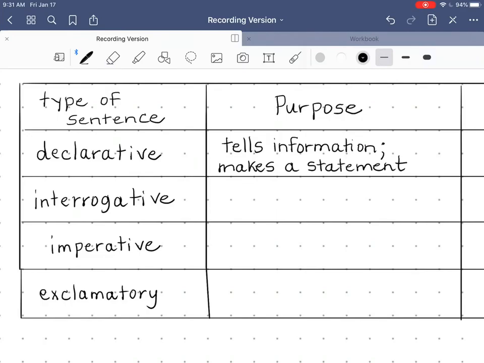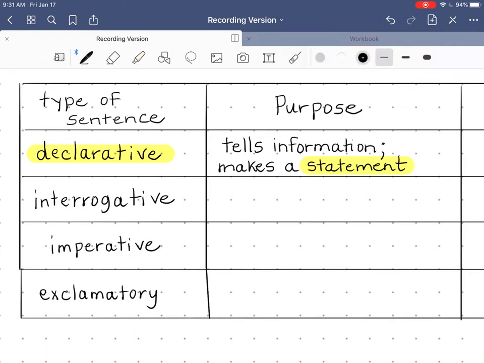And you may be thinking, why is she making me learn declarative if I can just call it a statement? The reason is because the HiSET test, the GED test, any of those formal standardized tests will use the proper vocabulary. So they're likely to use words like declarative and interrogative. And if you don't know what those are, you're at a disadvantage on the test. So a declarative sentence is a statement.